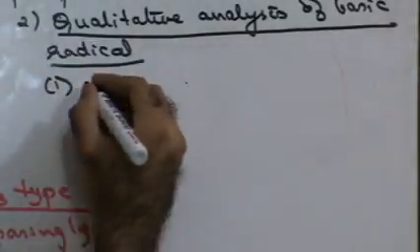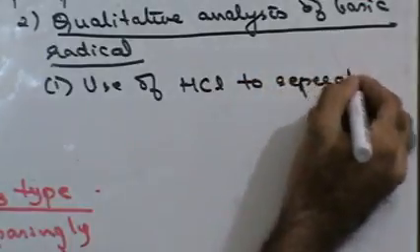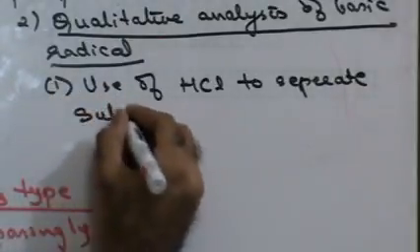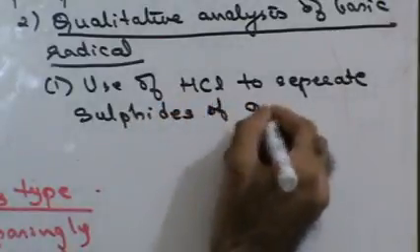First, you have the use of HCl to separate sulfides of group 2.